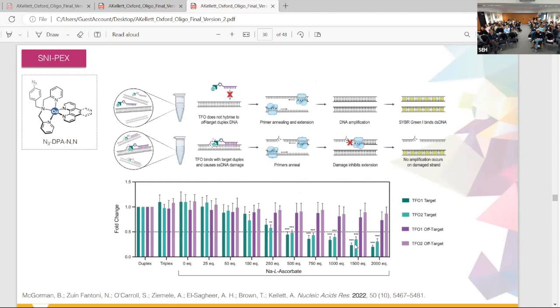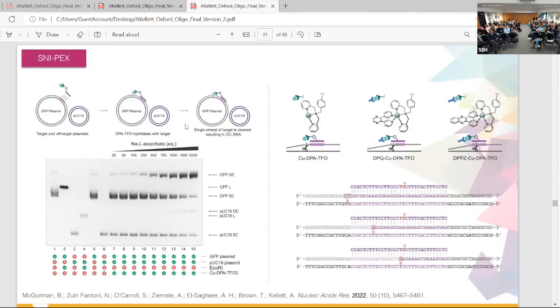We compared it with a synthetic and an enzymatic derivative, and they showed good selectivity. In a more complex assay using plasmids, we can see that the targeted plasmid, the green fluorescent protein sequence, shows concentration dependent depletion, whereas the off-target plasmid, we use pUC19 in this case, remains intact.